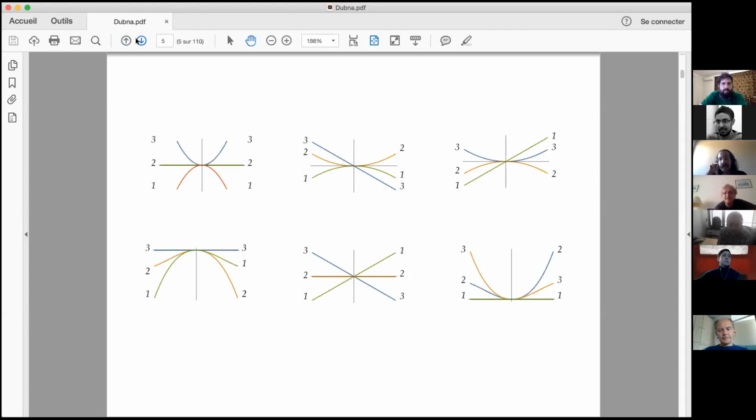You can see that the 6 permutations are possible with very simple-minded polynomials. For example, the identity can be obtained from the polynomials minus x squared, 0, and x squared, or the permutation 1, 2, 3 giving 3, 2, 1 is given by 3 lines, etc., etc.